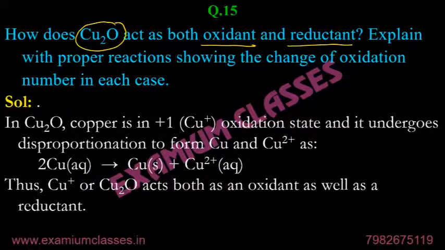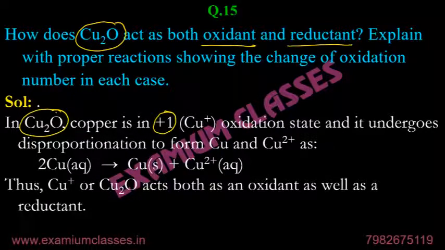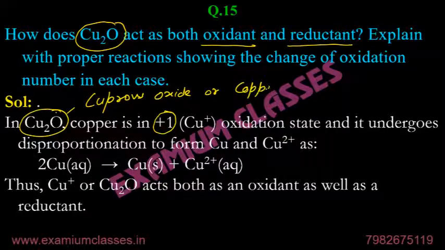So for example, when we are talking about Cu2O, copper is in plus one oxidation state in this. It is actually cuprous oxide, or copper one oxide. As I have already told you, these are the stock notations.